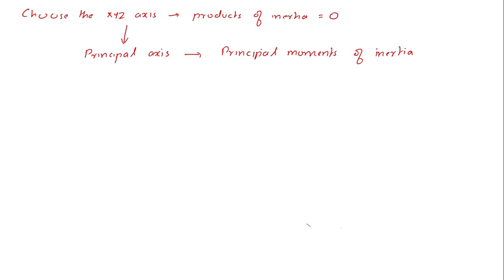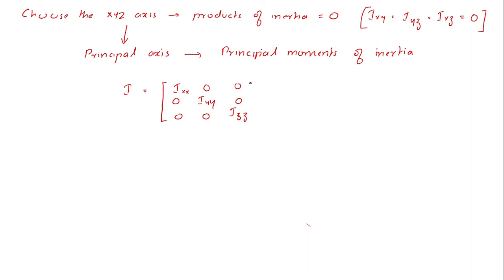The products of inertia equal to 0 indicates that Ixy, Iyz, and Ixz are equal to 0. That is what it means when I say products of inertia is equal to 0. So in that case, the corresponding matrix is Ixx 0 0, 0 Iyy 0, 0 0 Izz.